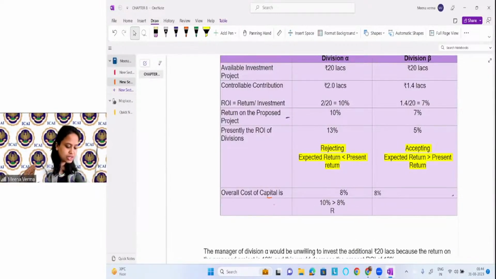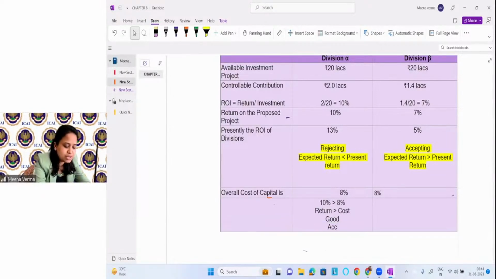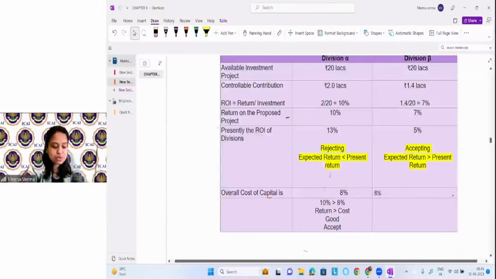Right? Return, though it is less, is still higher than cost, which is good. If the return is higher than cost, it is good, and the company should accept this. But instead of accepting this proposal, the manager is rejecting it.